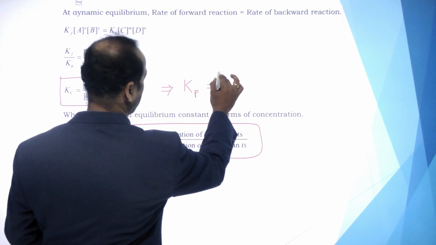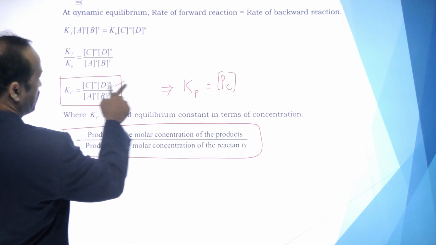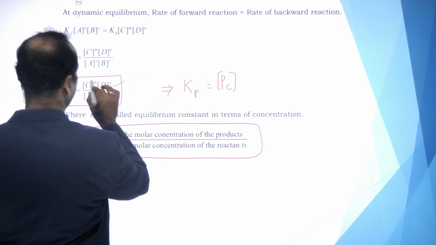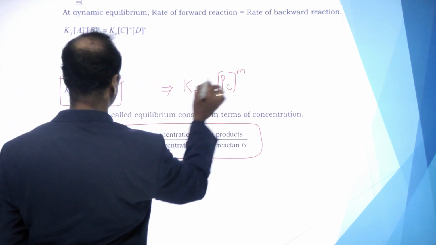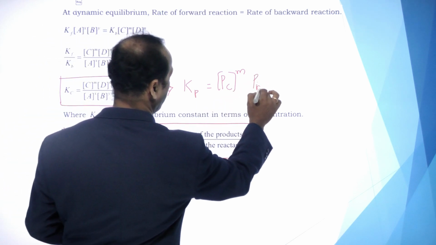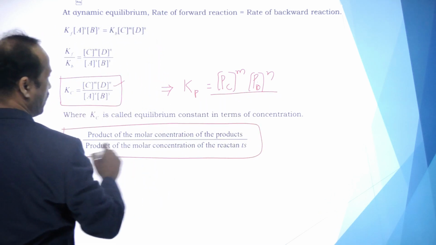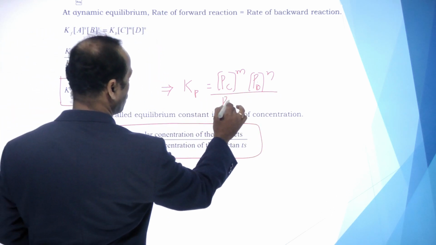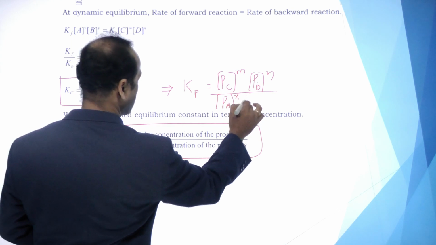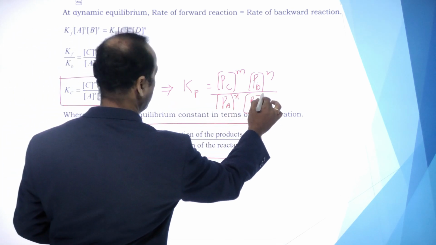Partial pressure of C. Just in the place of C, nothing else is changing. Pc I am writing, and M as it is. Here D, so partial pressure of D to the power of n, by partial pressure of A to the power of x, and here partial pressure of B, Pb, to the power of y.